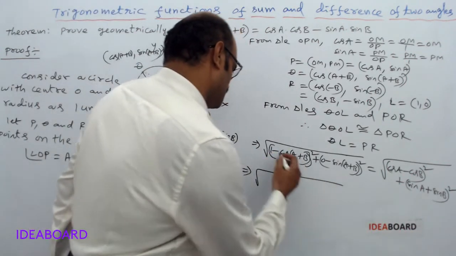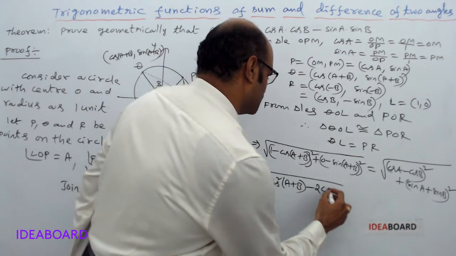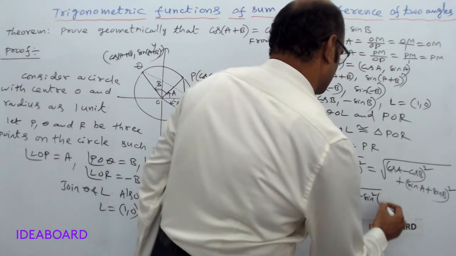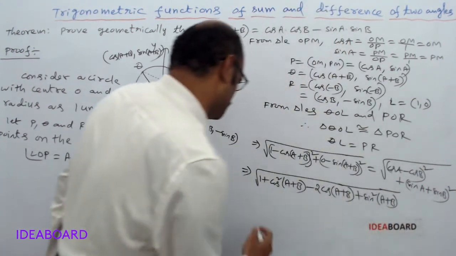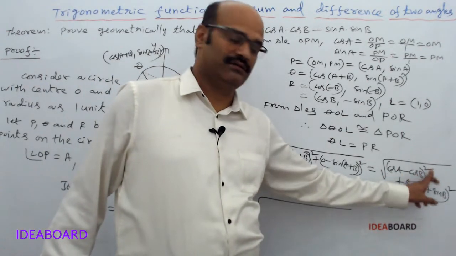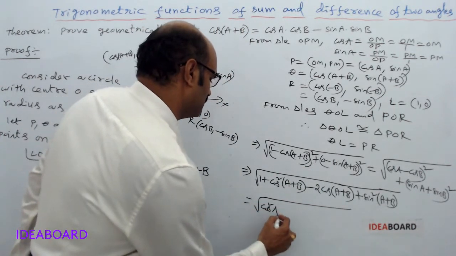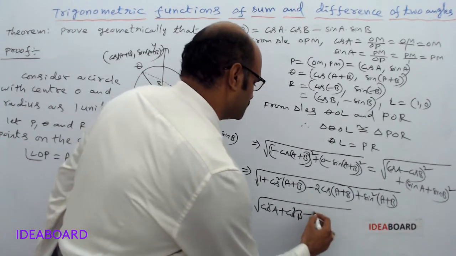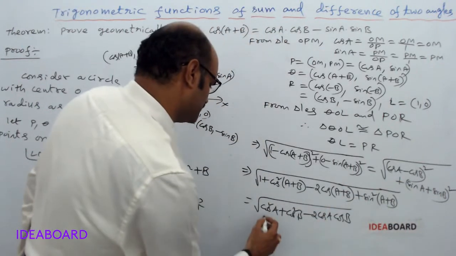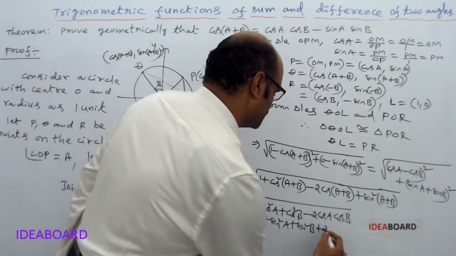So the square root of 1 plus cos square of (A plus B) minus 2 cos of (A plus B) plus sin square of (A plus B) equals the square root of, using the formula, cos square A plus cos square B minus 2 cos A cos B plus sin square A plus sin square B plus 2 sin A sin B.